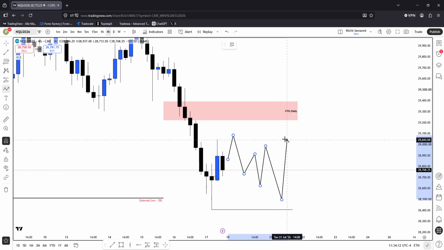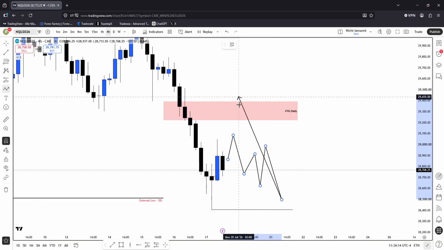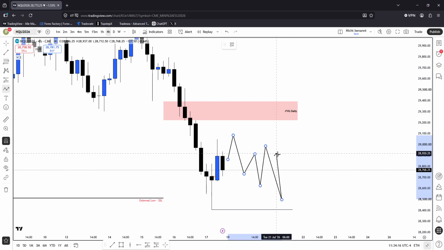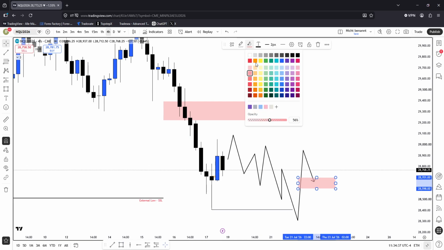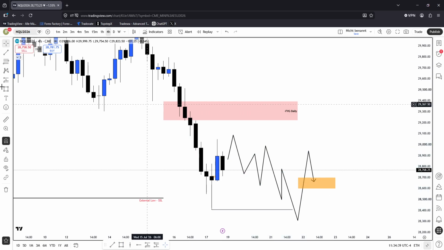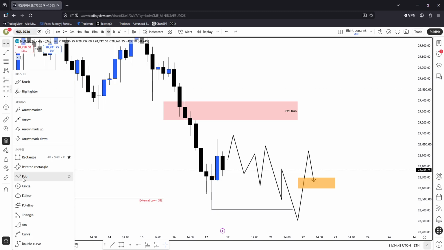If we get some form of accumulation here without a tap of the daily fair value gap, and then get a sweep of this AMD range, of the accumulation range, with confirmation in form of displacement, we can then confidently say that we will have an internal market maker buy model in the lower time frames back inside the daily fair value gap right here.